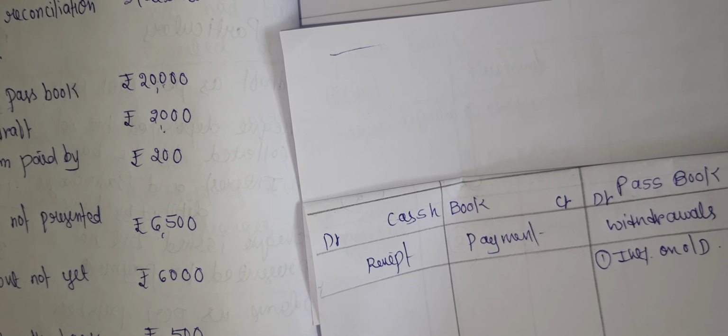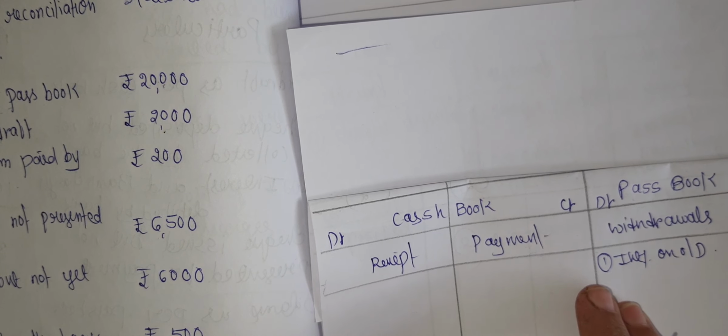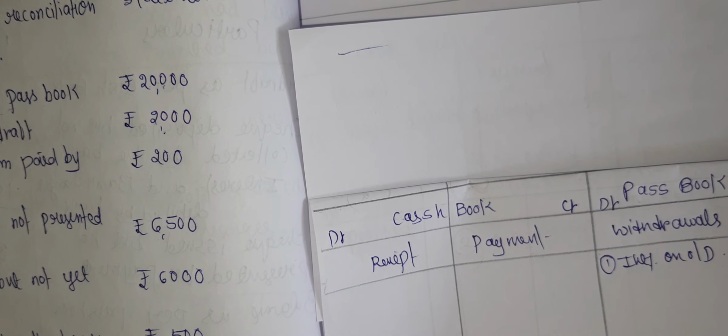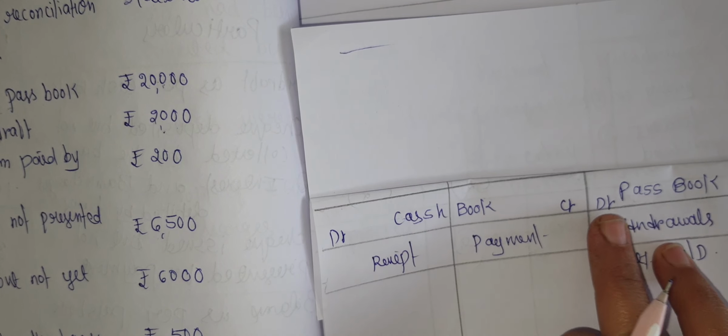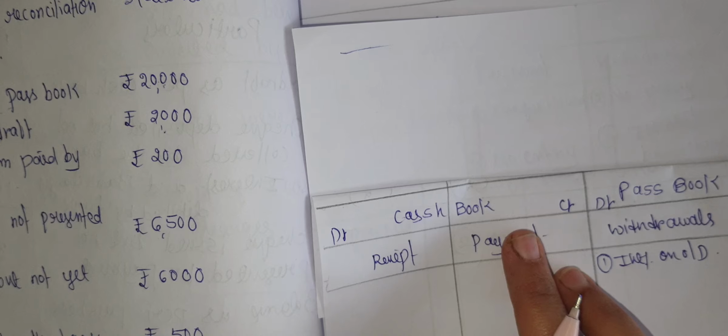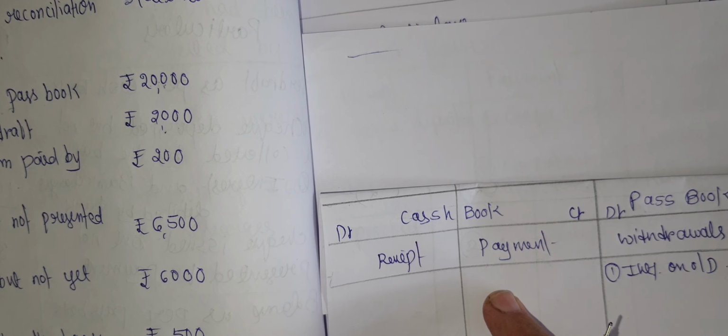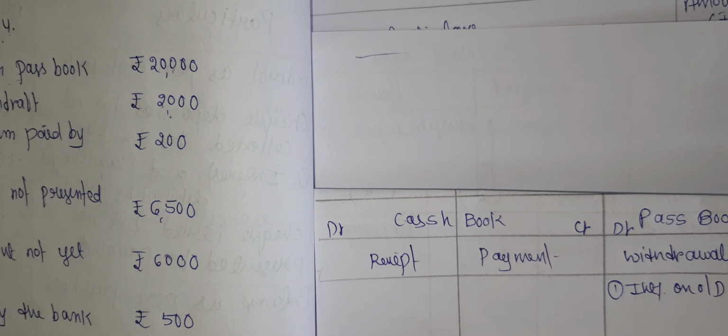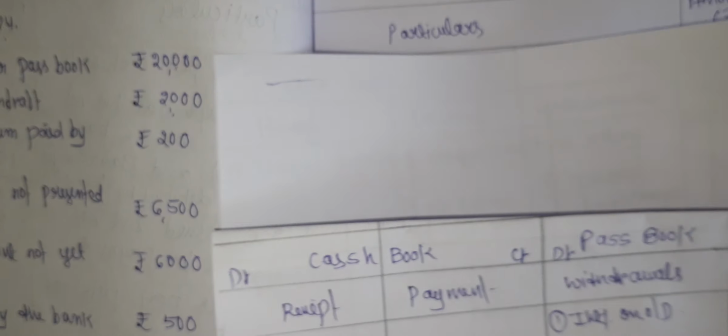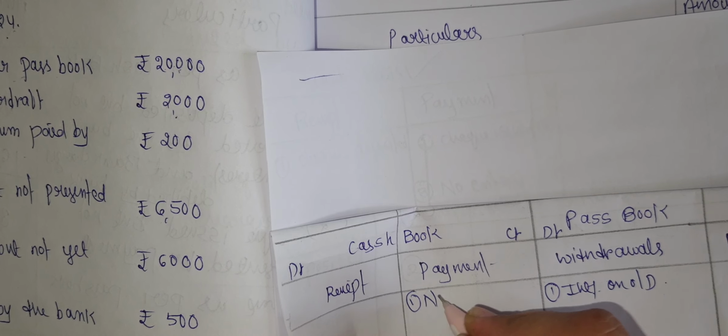In which side will this transaction come? This transaction will come in the credit side. In the passbook it appears on the debit side, and in the cash book it appears on the credit side, in the payment side. But here the customer is not aware of this transaction. So in the payment side there is no entry.